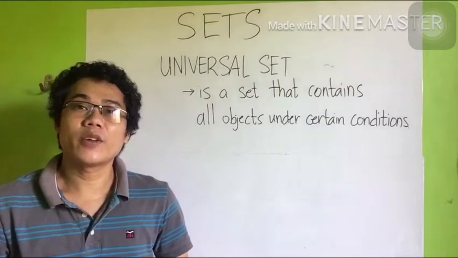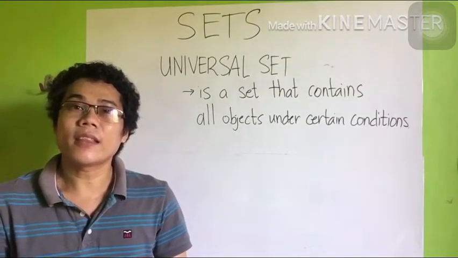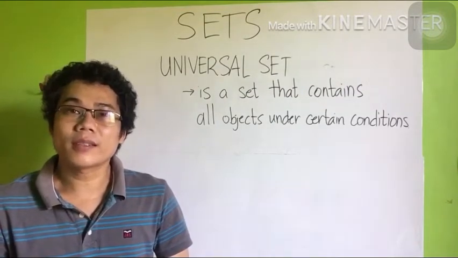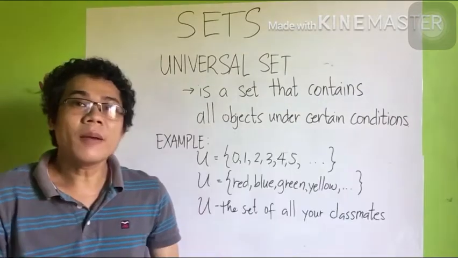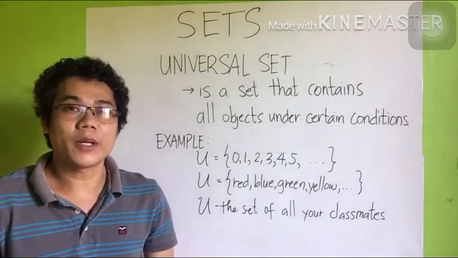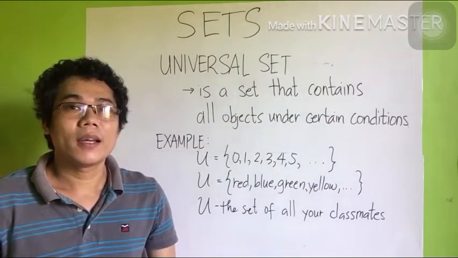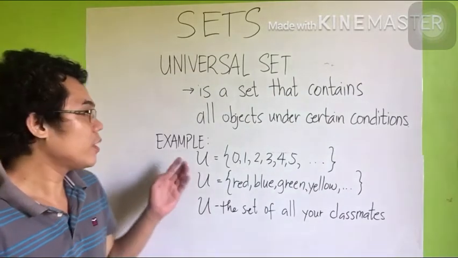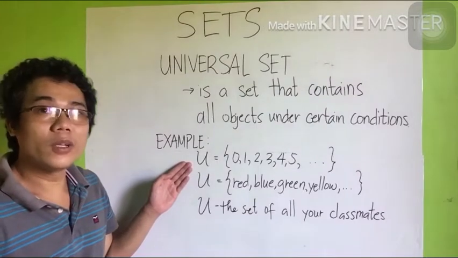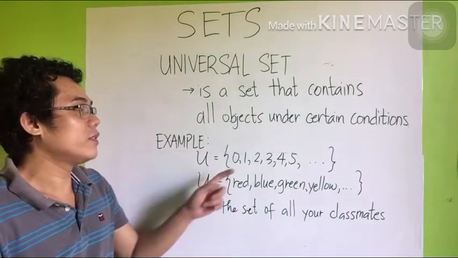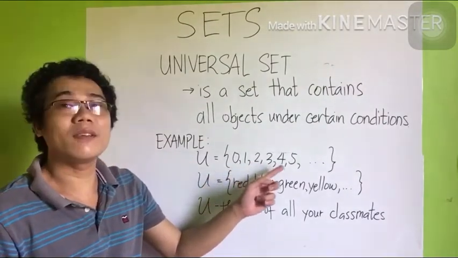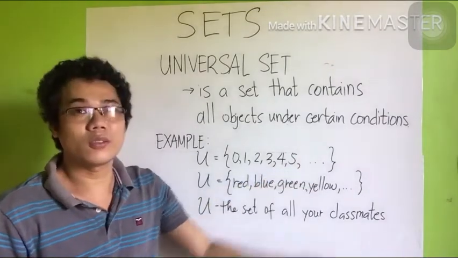Pag-usapan naman natin ang universal set. It is a set which contains all objects under certain conditions. Example of universal sets are the following. Most of the time, universal sets are denoted by capital U. Example, the set of all whole numbers, which consists of 0, 1, 2, 3, 4, 5, and so on and so forth.